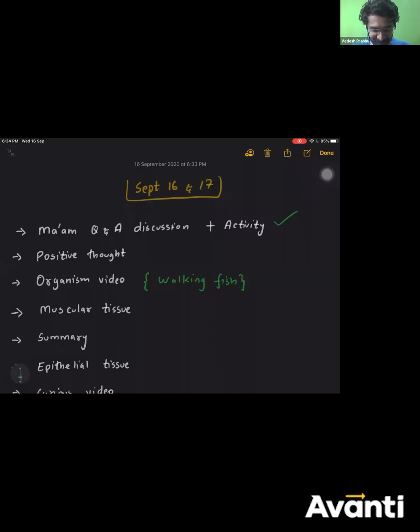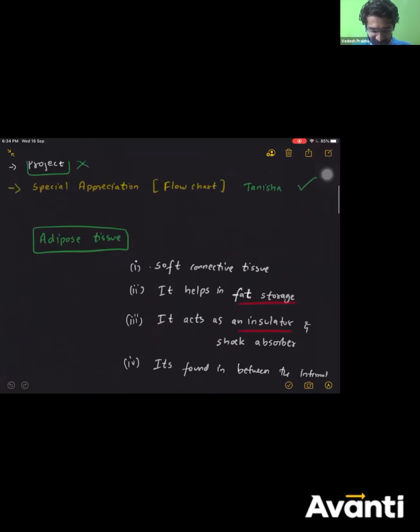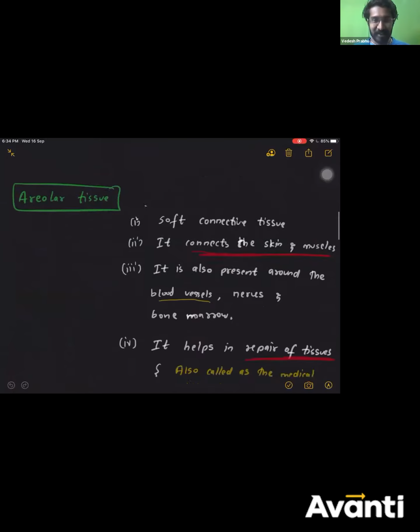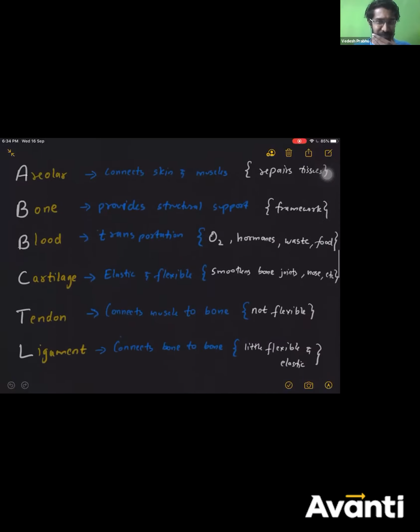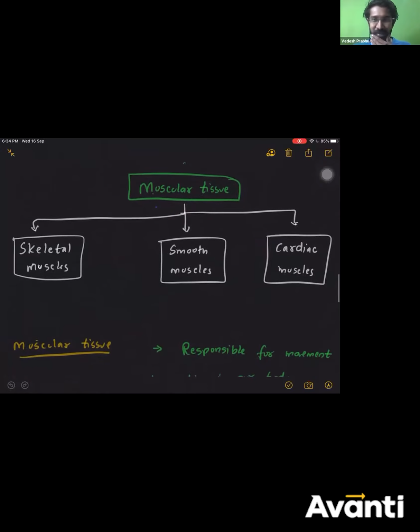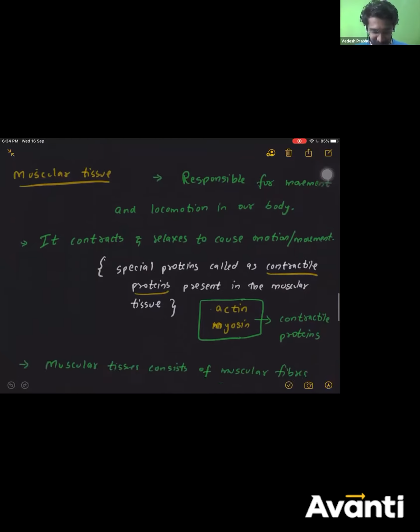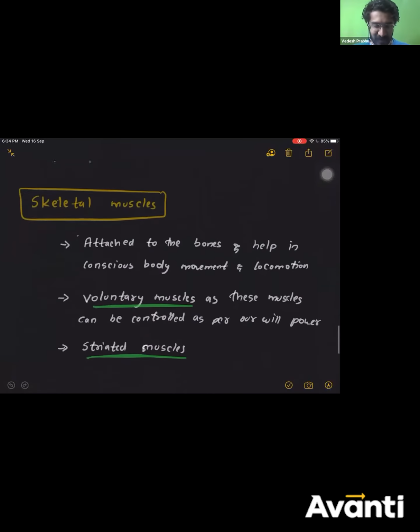But first we will continue what we were doing in yesterday's class. That is our muscular tissue. Yesterday we have done all these things. Connective tissue completed completely. So we started with muscular tissue. The first one, we were discussing the skeletal muscles.